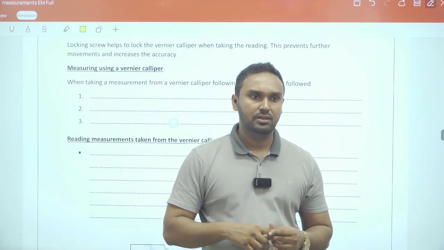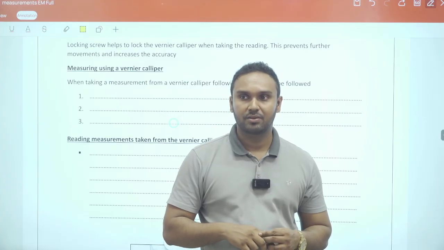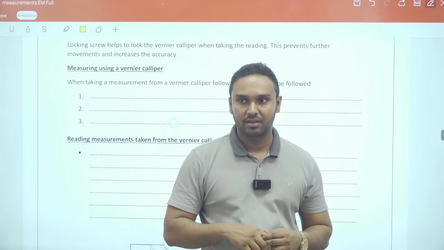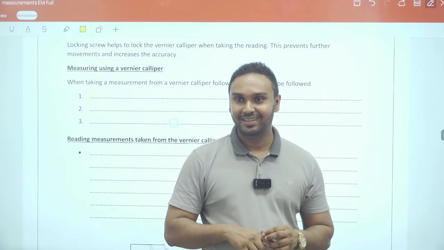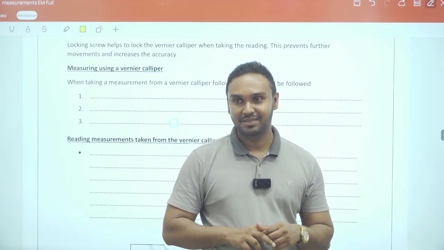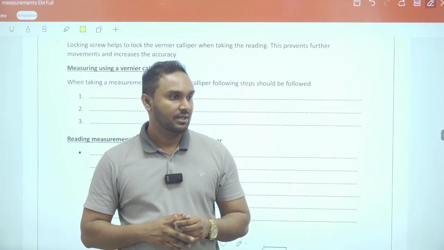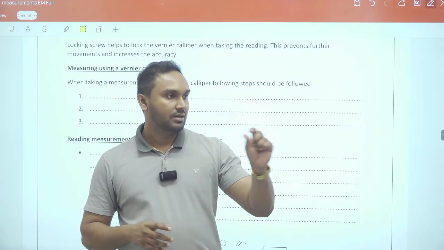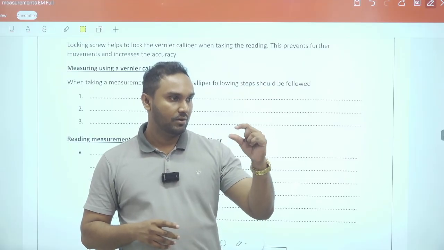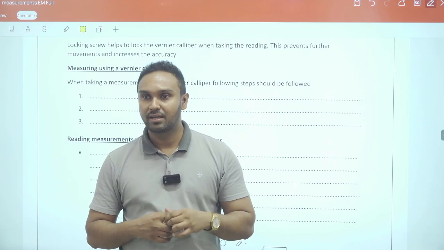So do you know the least count of an instrument? Sometimes you don't know it. You took the vernier caliper, you don't know the least count. In some cases, some verniers have the least count mentioned on the instrument itself, but in some instruments it isn't.